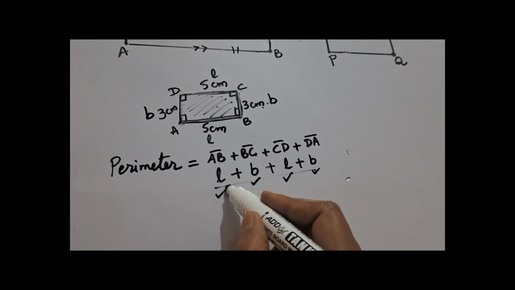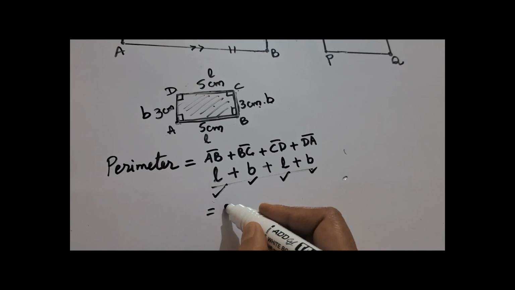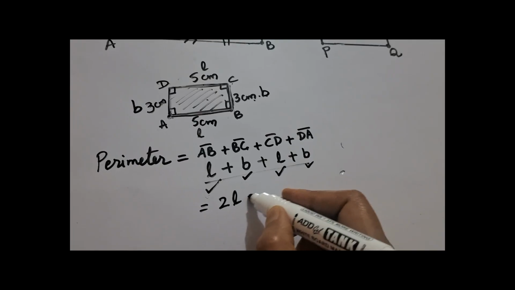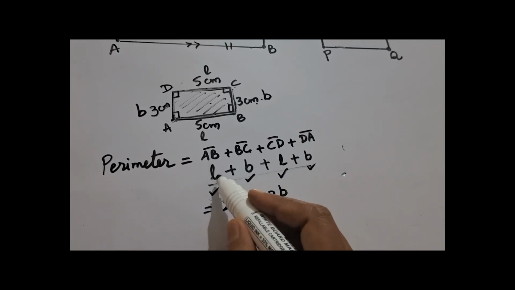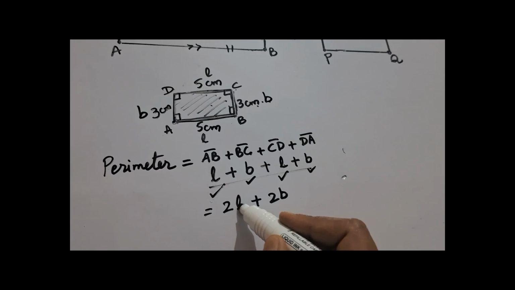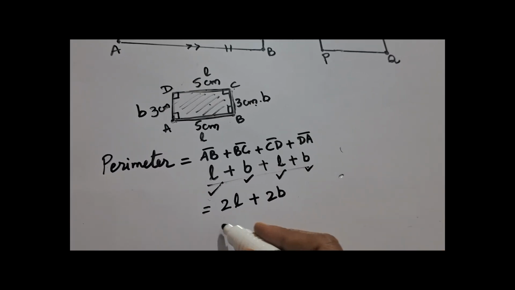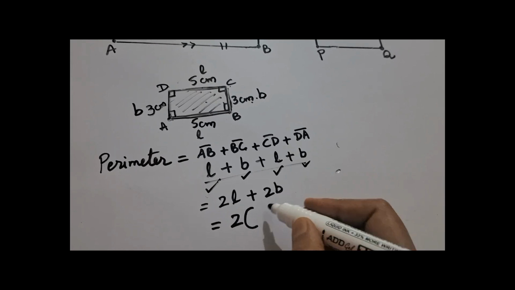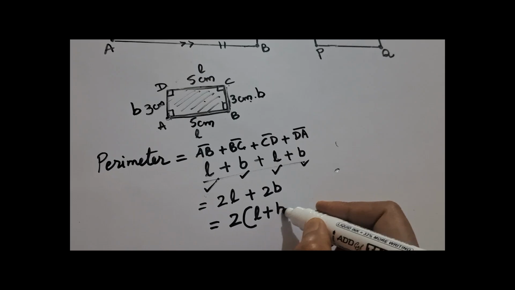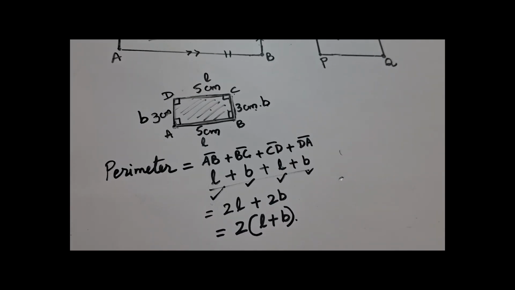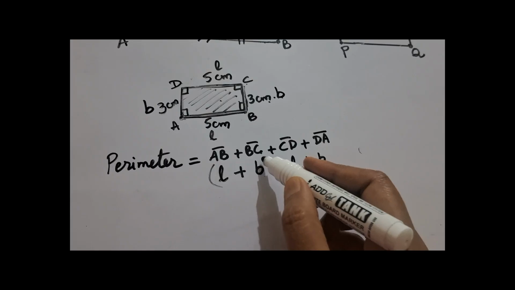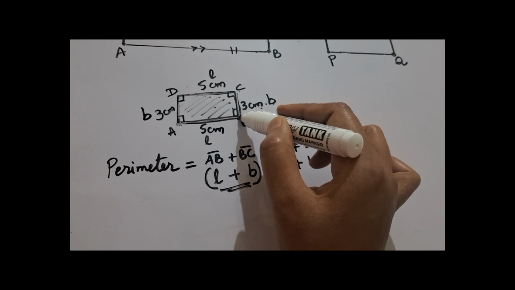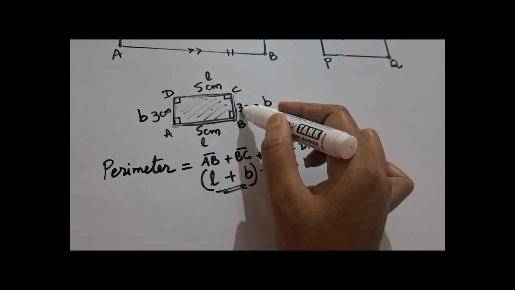So this can be written as 2L plus 2B. L plus L is 2L, B plus B is 2B. Now in this both 2 is common. If we take it out, then it will be L plus B. That means this L plus B, suppose if we add this one and this one, 5 plus 3, 8, isn't it?